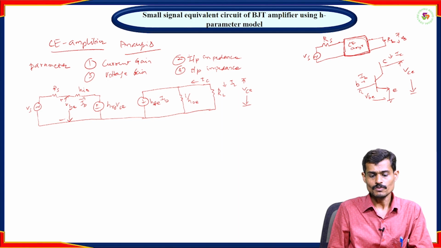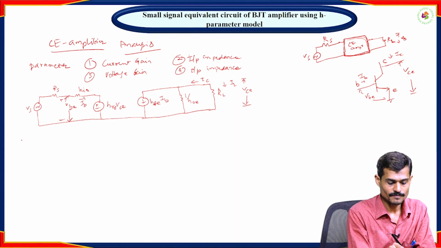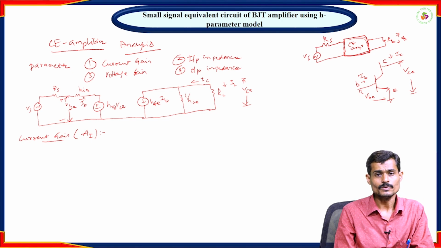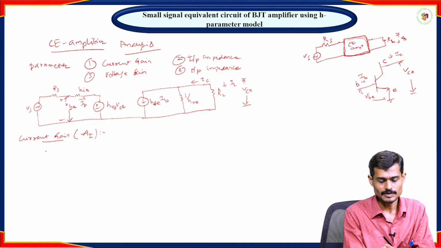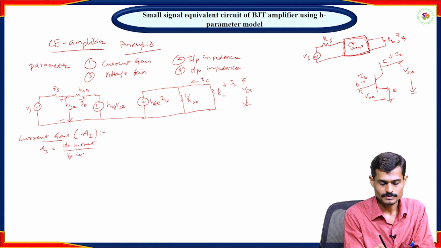Right. Now for this I am going to find the current gain, AI. How to define current gain? Current gain is the ratio of output current divided by the input current.